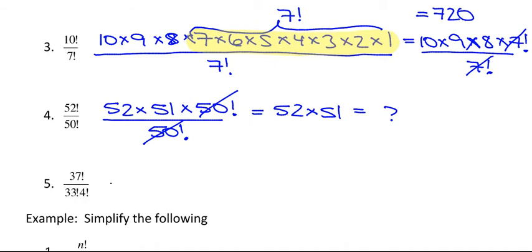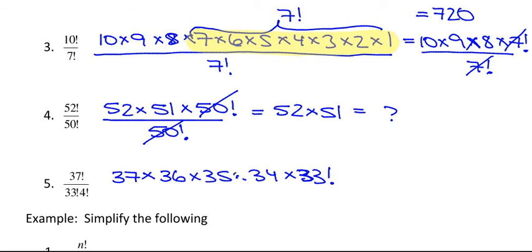What about this one? 37 factorial is 37 times 36 times 35 times 34 times 33, and I want to stop at 33 and leave it as 33 factorial. That way it will cancel with 33 factorial in the denominator.